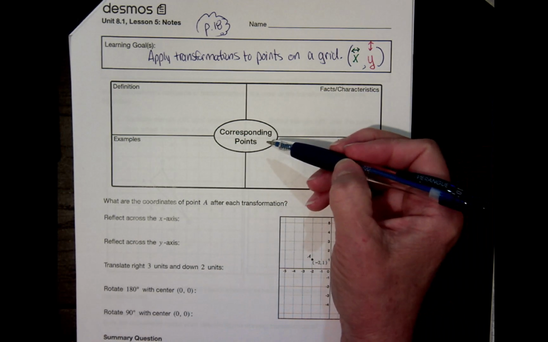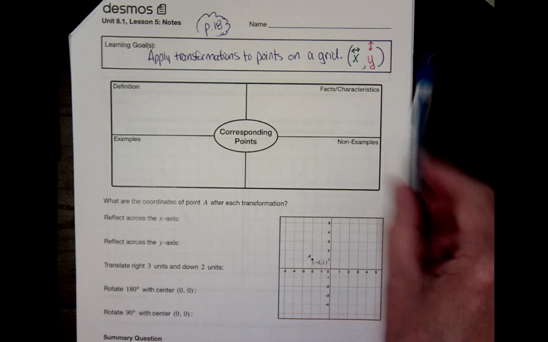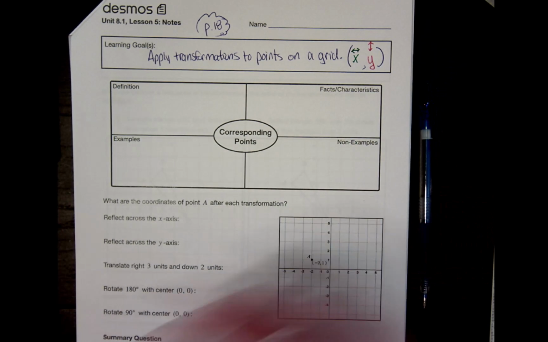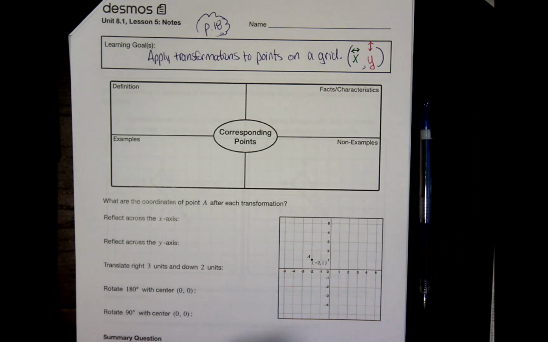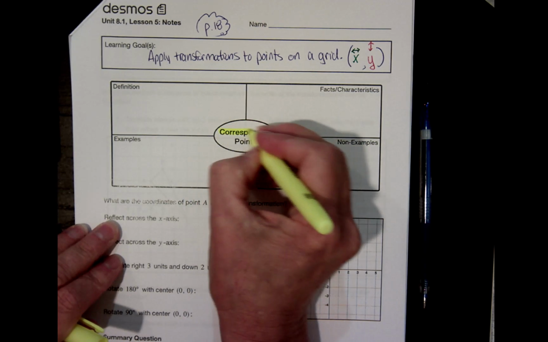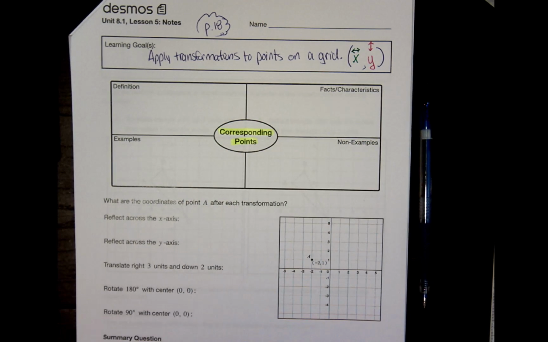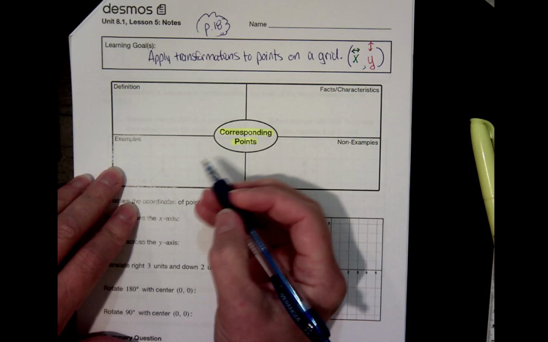So as we're marking things today, we're going to talk about corresponding points. Let's take a moment to really dig into what corresponding points mean.